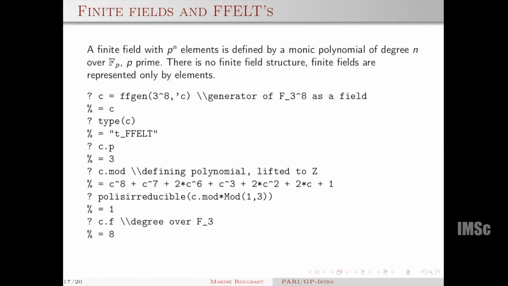It is like that. You just multiply by 1 mod something. So here, this polynomial is irreducible mod 3, and it's of degree 8 over F3. So F is for the degree, mod is for the polynomial, and so on.